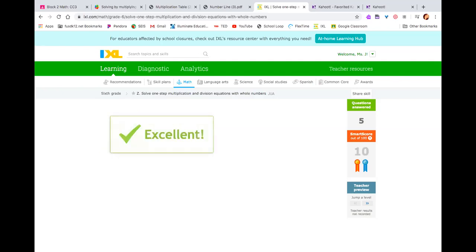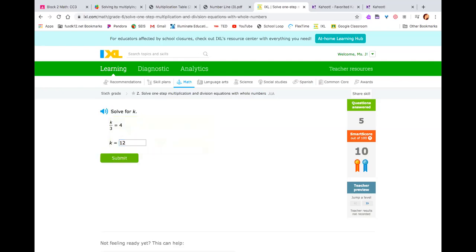So you guys are saying it's 12. Let me see. Oh, here we go. Here's one I want to try with you guys. Okay, now what do I do? It says 3H equals 18. Divided by 3, on both sides. Then what?